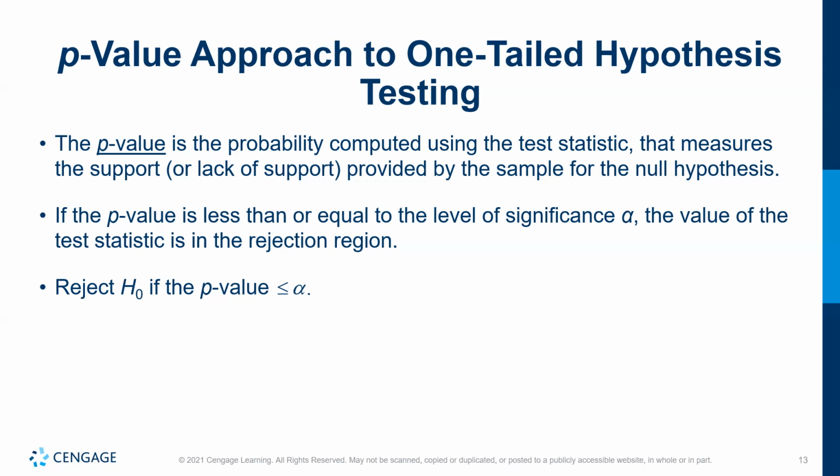So it'd be like saying this: I set my level of significance or my confidence level at 95% on a one-tailed test, okay? And if my confidence is 95%, then my level of significance is the alpha, which is 1 minus the confidence level, so 0.05.